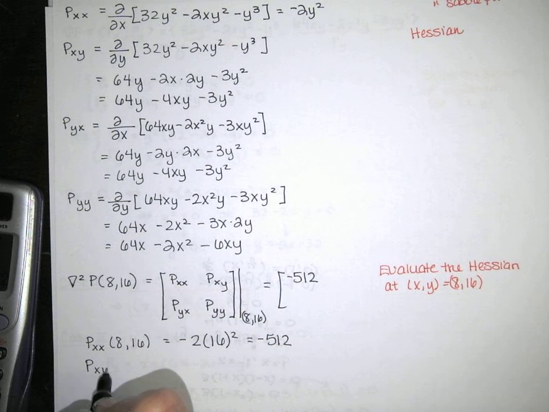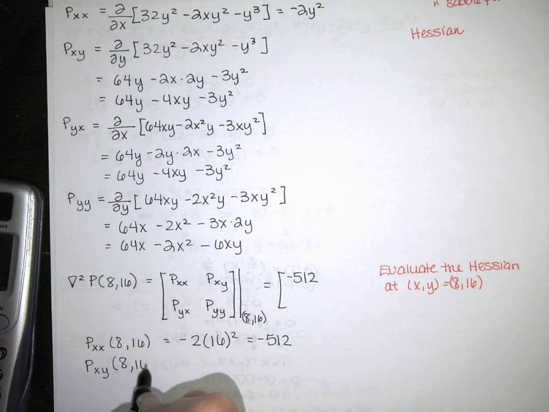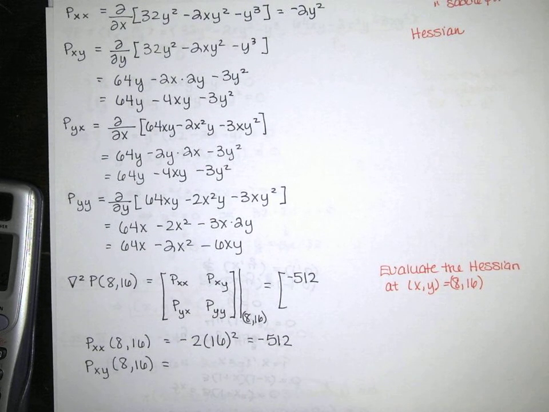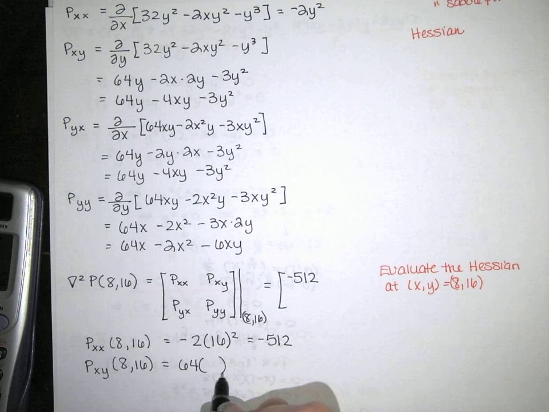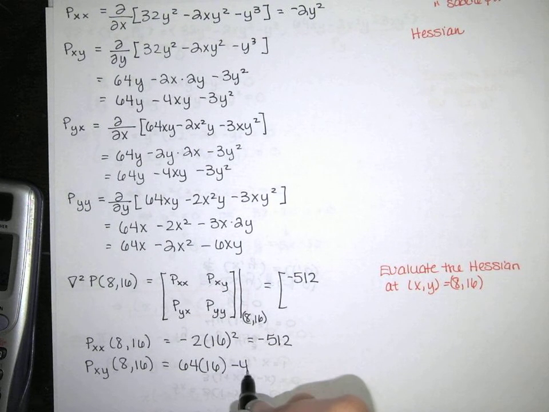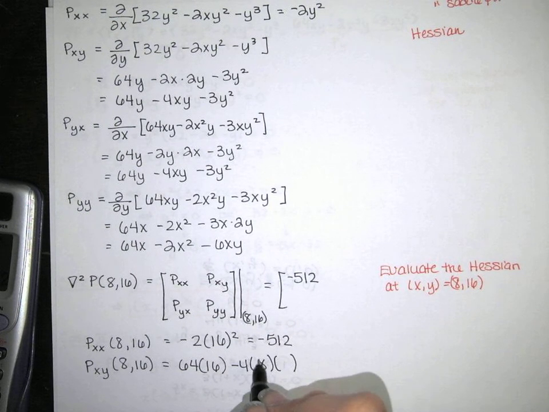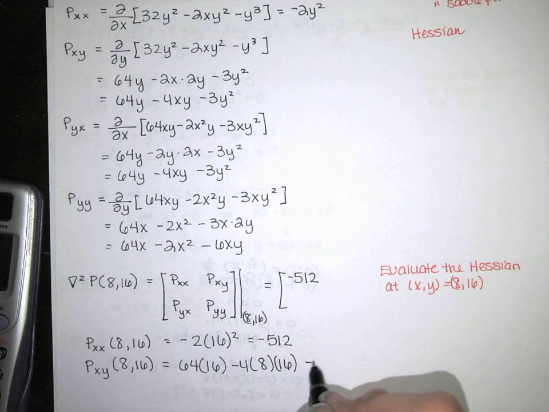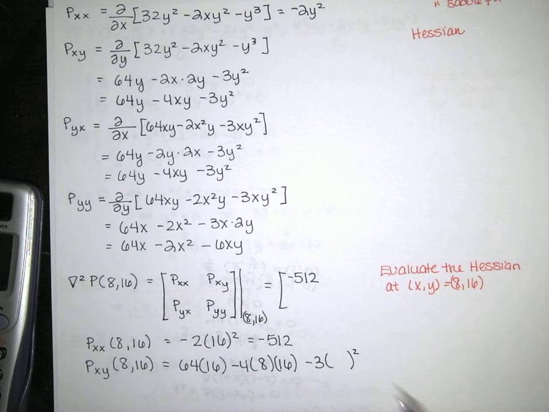And let's take the mixed partial, derivative with respect to x and then y, evaluated at (8, 16). So I've got 64 times my y value, which was 16, minus 4 times my x times my y, x is 8, y is 16, minus 3 times y squared, and y is 16. So I'll use calculator for arithmetic again. 64 times 16 minus 4 times 8 is 32 times 16 minus 3 times 16 squared.